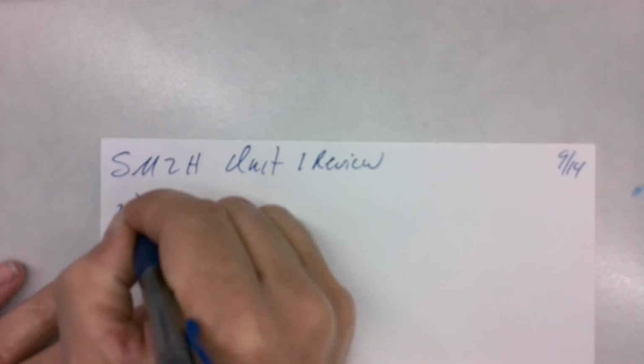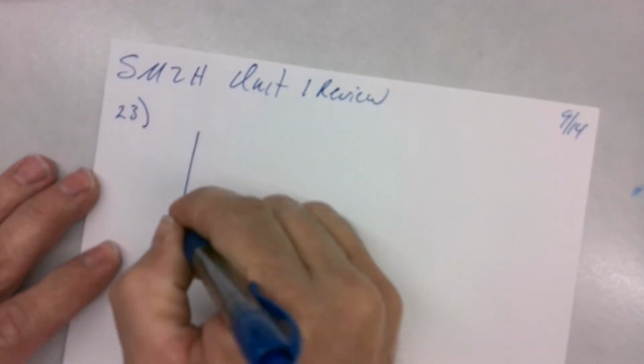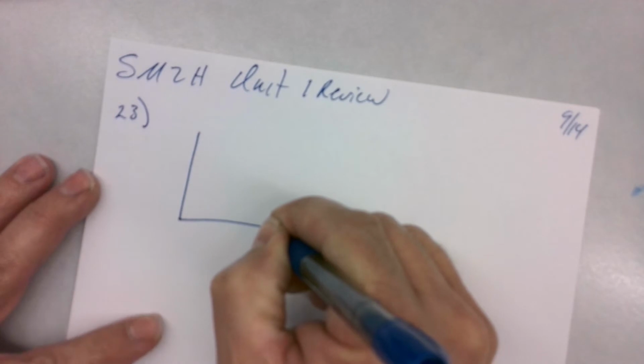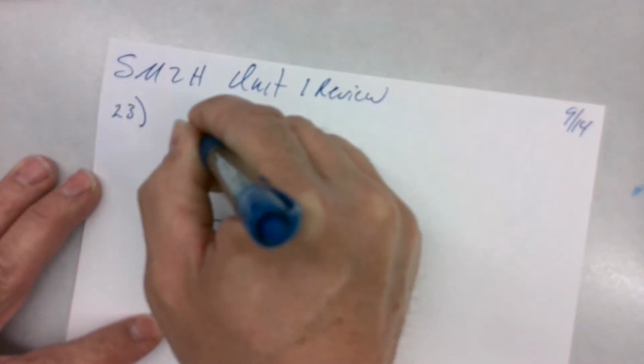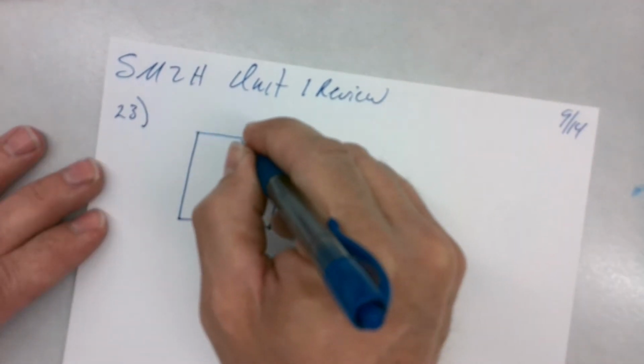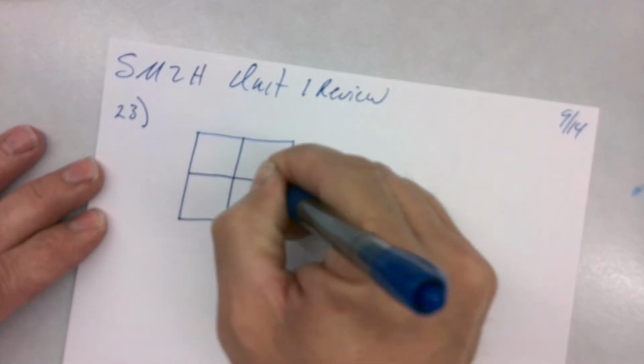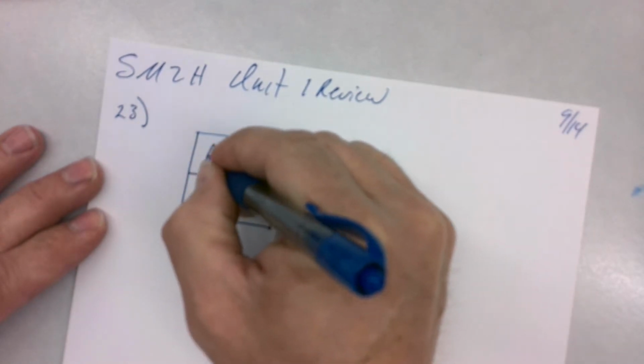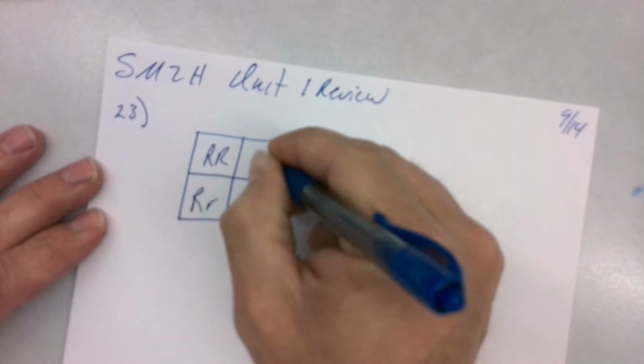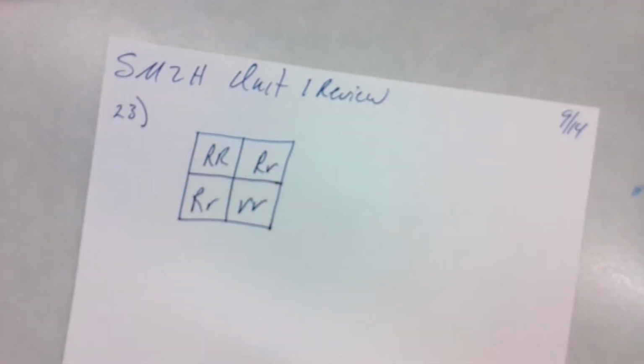Yeah. So 23 basically gives you, who knows, does it tell you what these are called? Does anyone know what these are called? Punnett square, right? Okay, so it gives you a Punnett square. That Punnett square looks like this: big R, big R, big R, little r, big R, little r, two little r's, right?